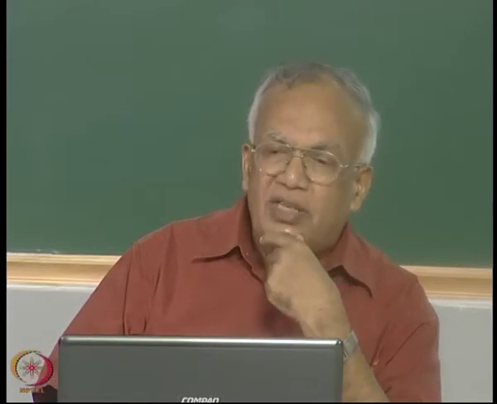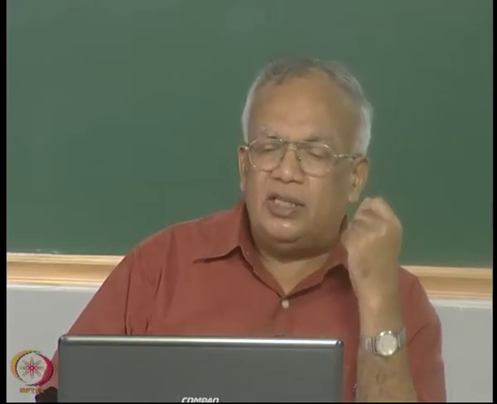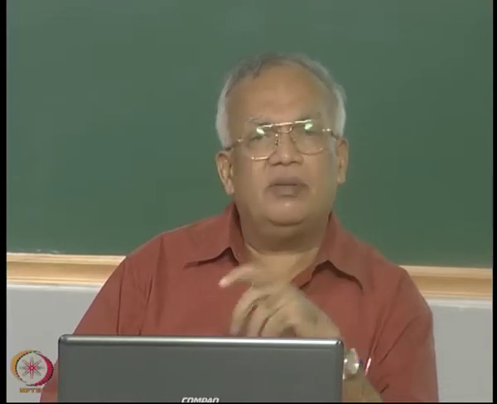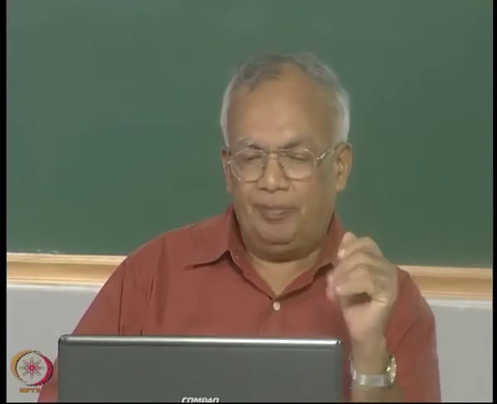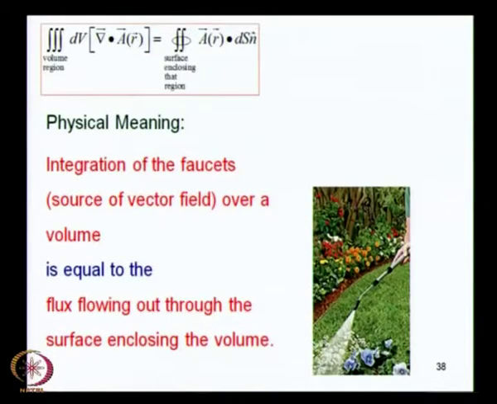What Gauss's divergence theorem does is it enables us to express a surface integral in terms of a volume integral and vice versa. What it physically means is that if you have water coming out of a faucet, and if you integrate over all the faucets, there may be some other holes at different places.